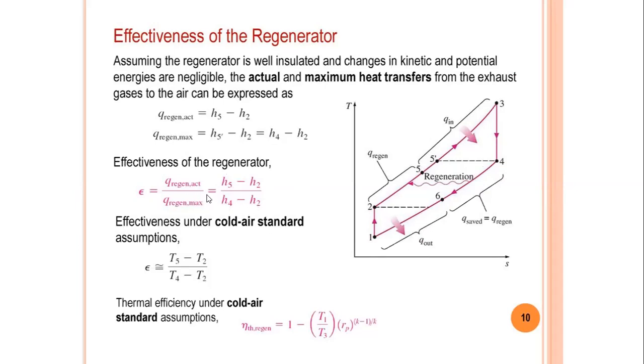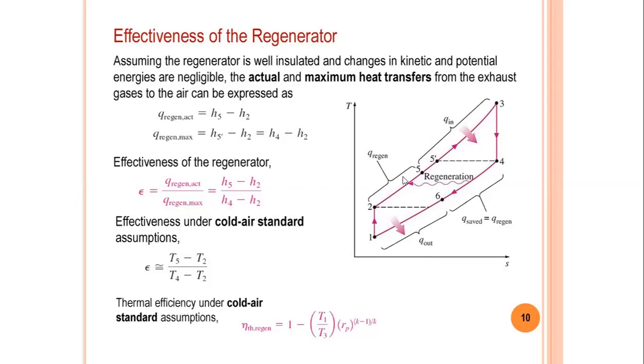The effectiveness, unfortunately, is not 1. It is less than unity or less than 100%, because the actual heat transfer is less than the ideal heat transfer. To capture how much less, we use this term. We need to remember that the effectiveness of a regenerator is defined as the actual heat transfer upon the ideal heat transfer in the regenerator.